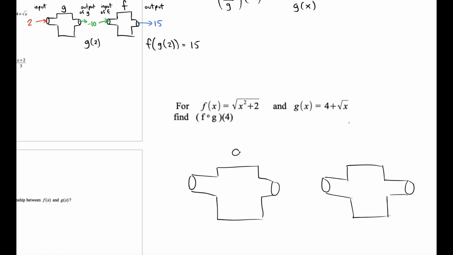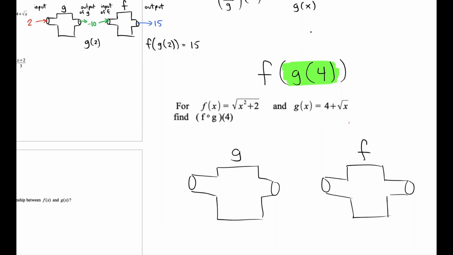Okay, so this is function G, this is function F. We're trying to find f of G of 4, which means we should calculate what G of 4 is first in order to plug it into f.